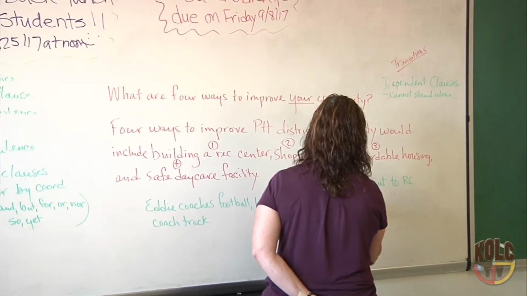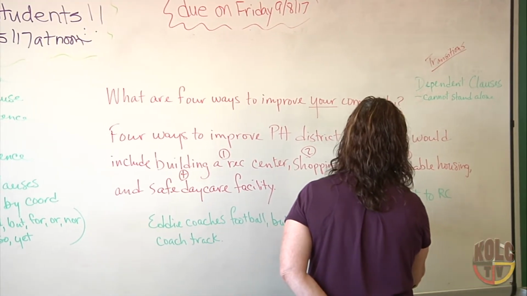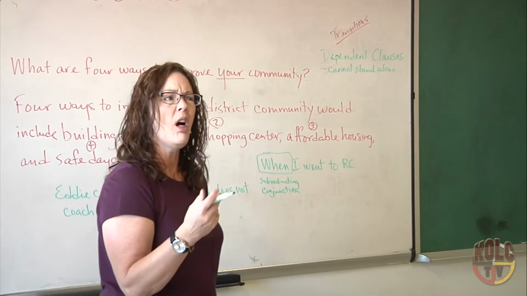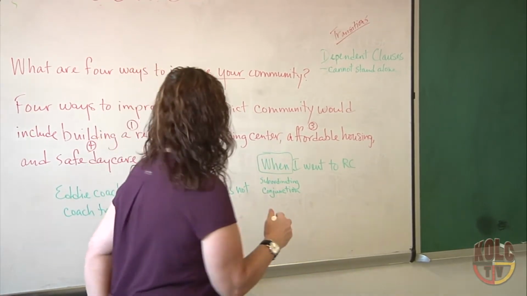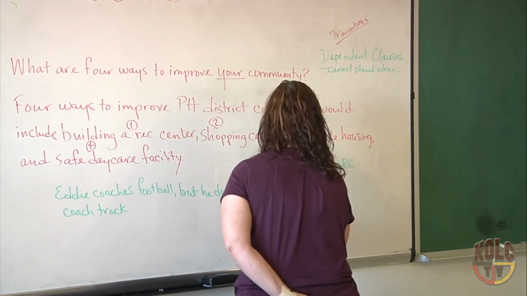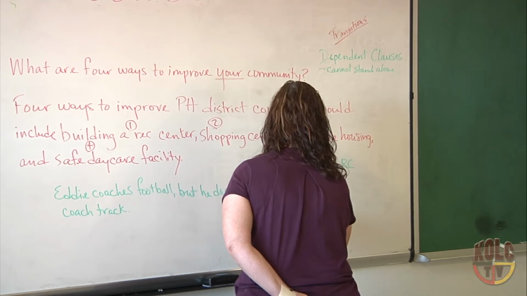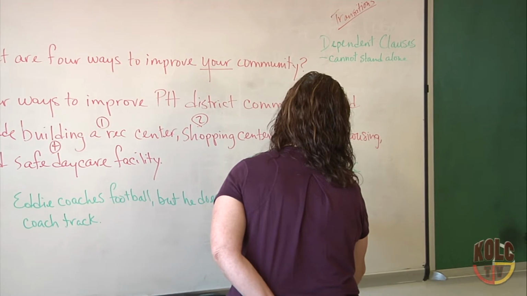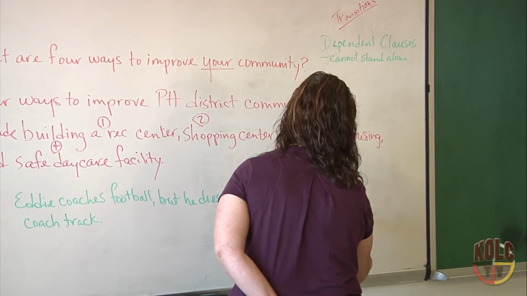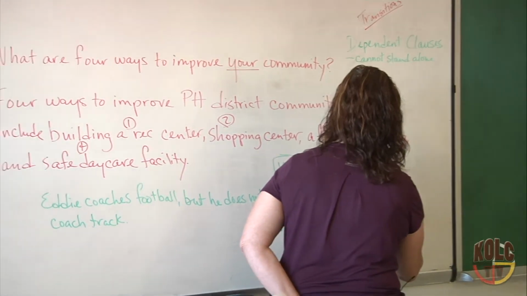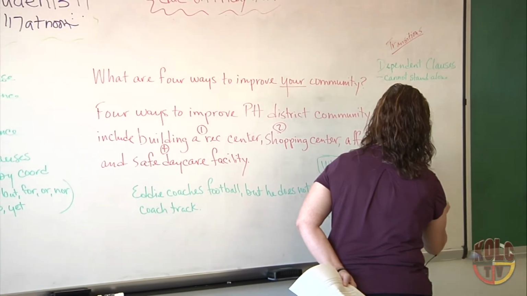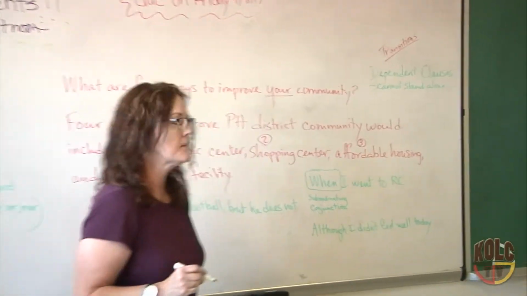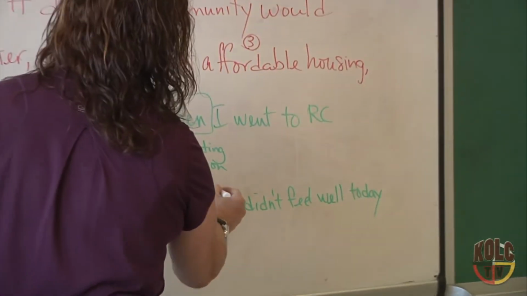Okay, so if you begin a sentence with something like this, or like the word although, I didn't feel well today, that's not a complete sentence. Why? Because of this word right here.